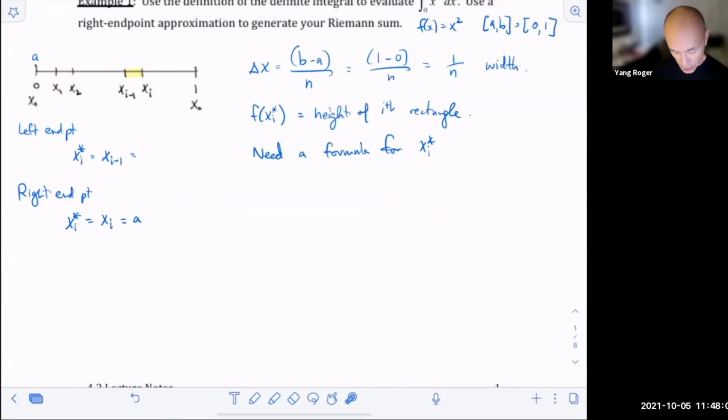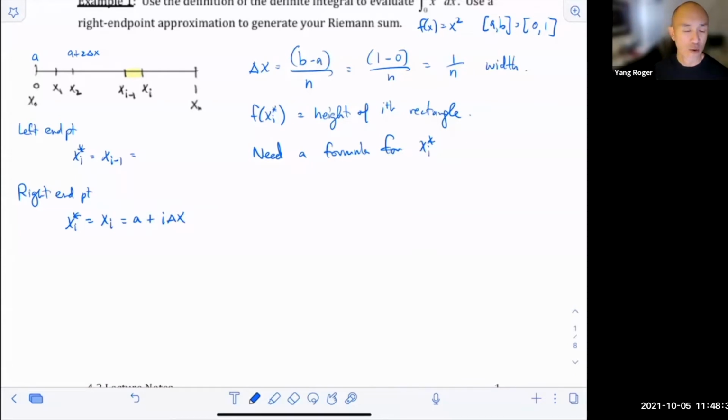If I wanted x2, I need to add 2 delta x's. So this point right here would be A plus 2 delta x. And then I keep adding a delta x. So if this is the ith rectangle, I'm going to add 1, 2, blah, blah, blah, I delta x's. So this should be A plus I times delta x. And that's how we get the right endpoint.